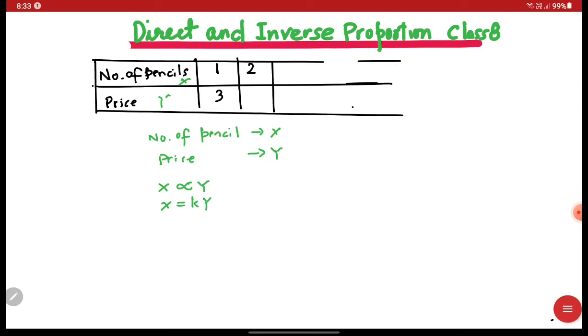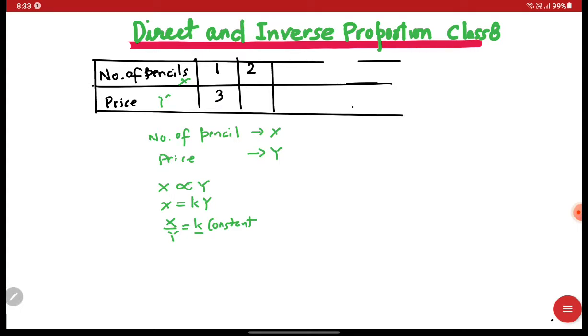This is what we have learnt in mathematics. So when you solve it, it becomes x by y is equal to a constant k. k is called a constant. It means it will never change. No matter where you find the ratio of x and y, it will always be the same throughout the given table.